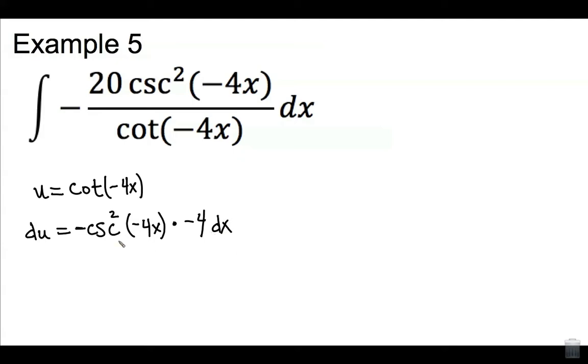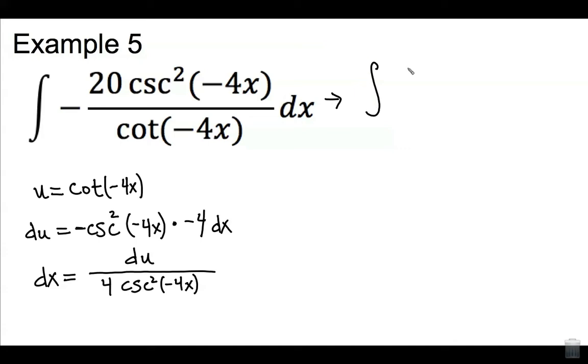Here I am going to solve for dx because I'm going to replace dx. So dx eventually is going to equal du over 4 cosecant squared of negative 4x. Now I'm replacing stuff. The indefinite integral of 20 times the cosecant squared of negative 4x all over u.